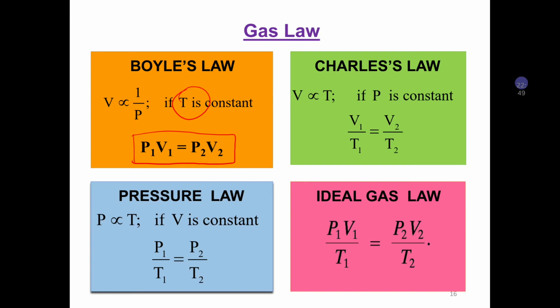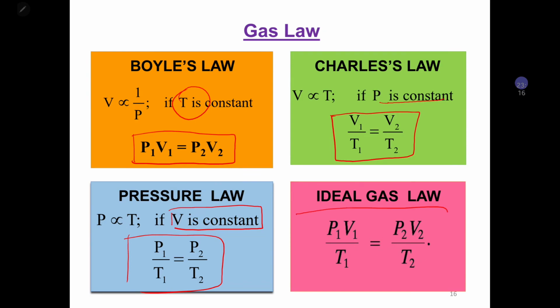For Charles' law, the pressure is constant, and the equation is V1 over T1 is equal to V2 over T2. How about the pressure law? In the pressure law, V is constant, so P1 over T1 is equal to P2 over T2. And for the combined gas law, P1 V1 over T1 is equal to P2 V2 over T2.